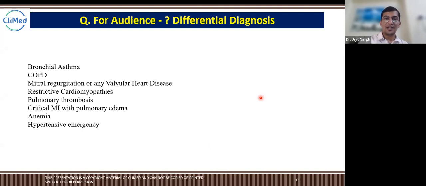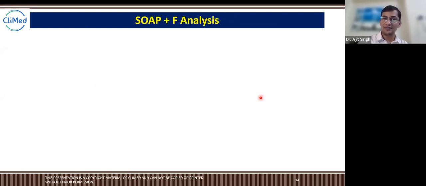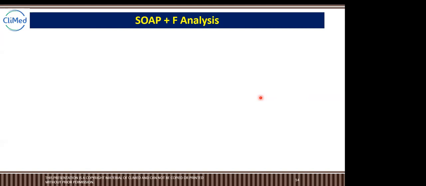Then we have discussed all subjective, objective, assessment, and what is P? Planning. What is SOAP means? Subjective, objective, assessment and planning.